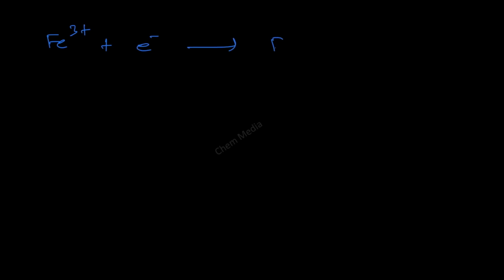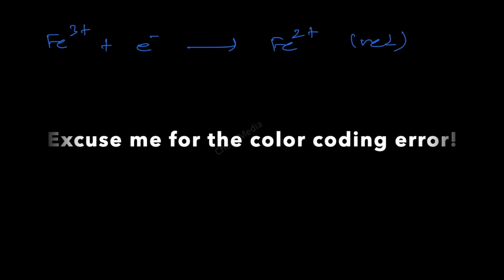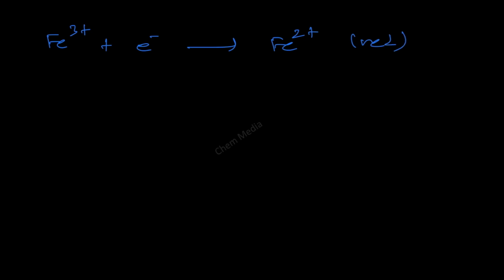becoming Fe2+, that is reduction, because whatever be the cell, it is always anodic oxidation and cathodic reduction. And then 2I⁻, that is iodide becoming iodine, that is oxidation.